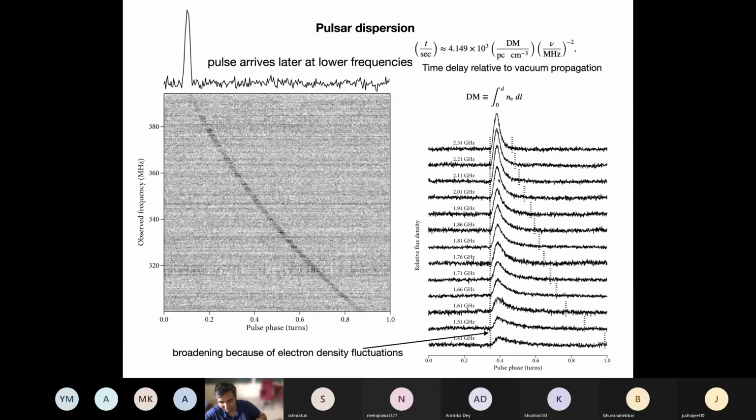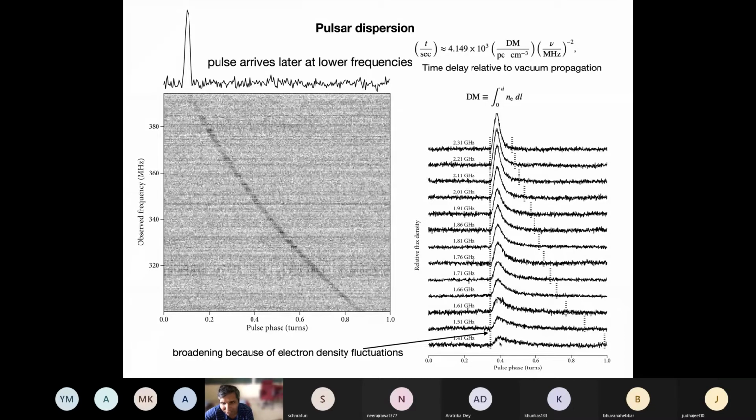There is another phenomenon which I'm actually not going to talk about. So here you see this is a pulse at 2.31 gigahertz, 2.21, and going up to 1.41 gigahertz, and it has been de-dispersed. That is, this delay has been removed, and now they are put on top of each other at the same phase.